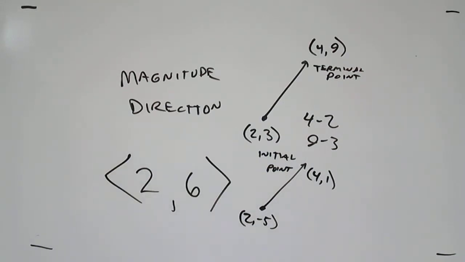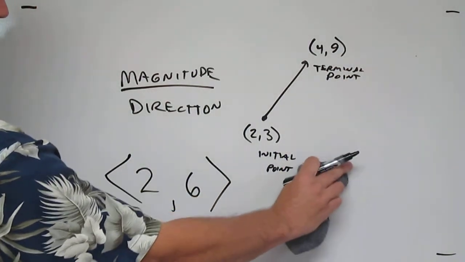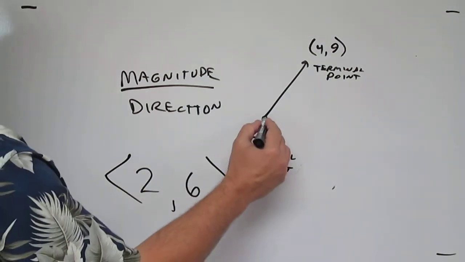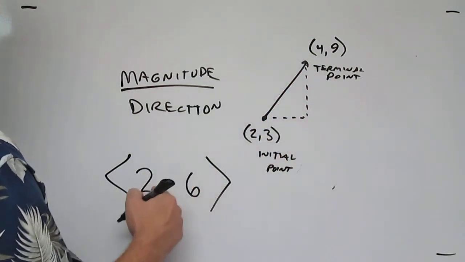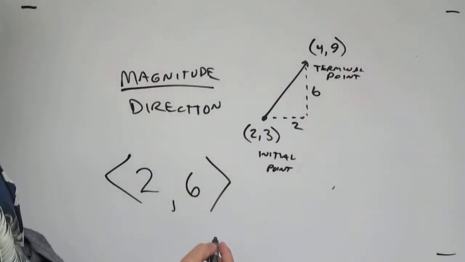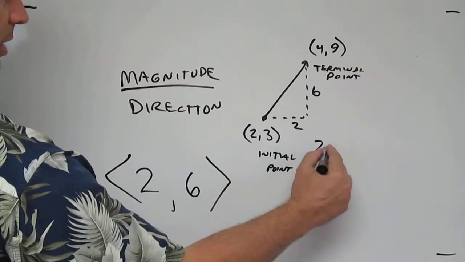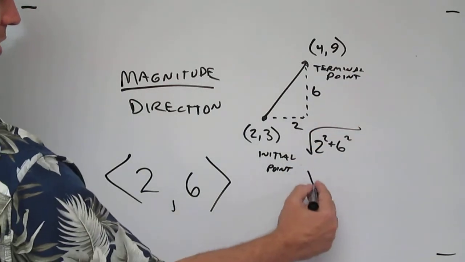All right, what is their magnitude? Magnitude is going to be the same thing then as what the length is. So I'm going to erase this second one. And the easiest way to find magnitude is to basically just do a right triangle. And so I've already said the change here is 2, the change there is 6, and I can just do Pythagorean theorem now. So 2 squared plus 6 squared, and take the square root.